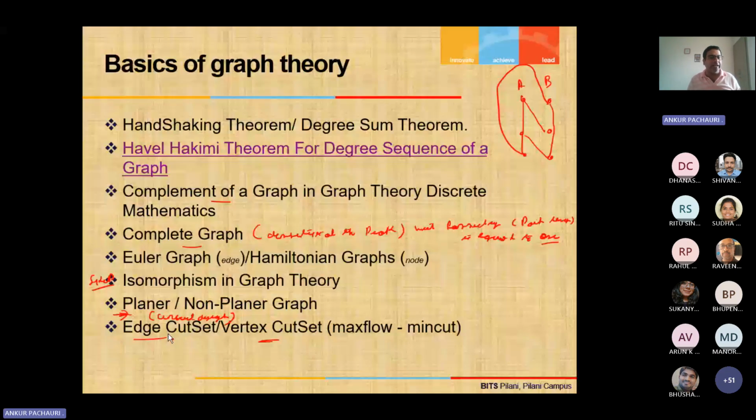So edge cut or vertex cut means somehow we are making our graph disconnected. Ultimately, we are identifying the weak points in a graph. If we have a cut set or a cut vertex in a graph, that means this is the weakest point in the graph with respect to connectivity.